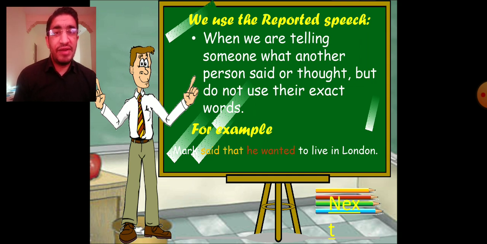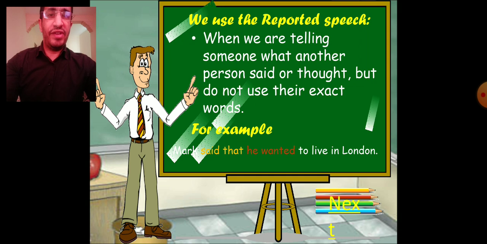In the direct speech, Mark wants to live in London, the tense is present. But in the reported speech, the tense changes into the simple past. So we said Mark said that he wanted to live in London.